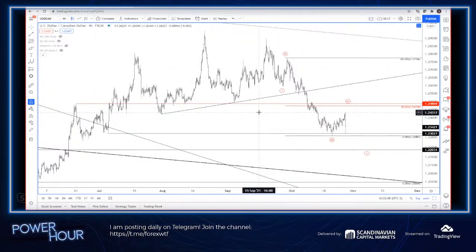I get it, and those people were definitely right. However, when they're screaming from the rooftops about it, it might be time to go the other way. We did get about a 40 pip bounce so far. Nothing to write home about, but it's just a little intraday trade.